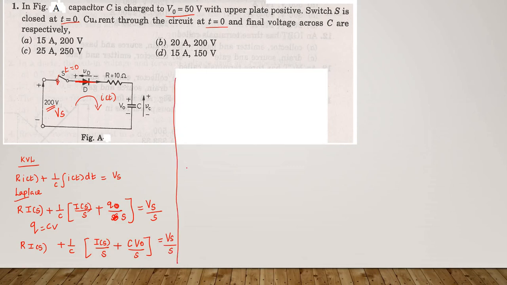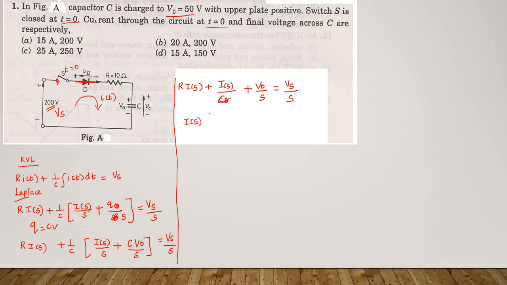Next, I am going to expand this equation. So I(s) plus I(s) divided by s, the C's get cancelled. So V0 by s is equal to Vs by s.